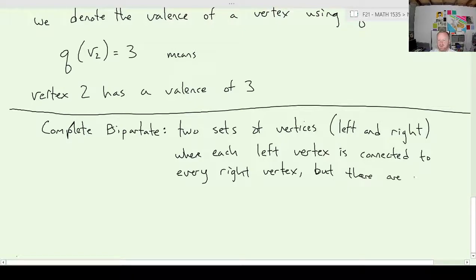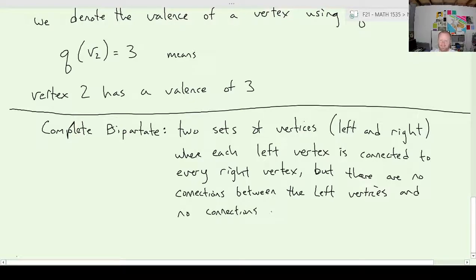But there are no connections between the left vertices and no connections between the right vertices.